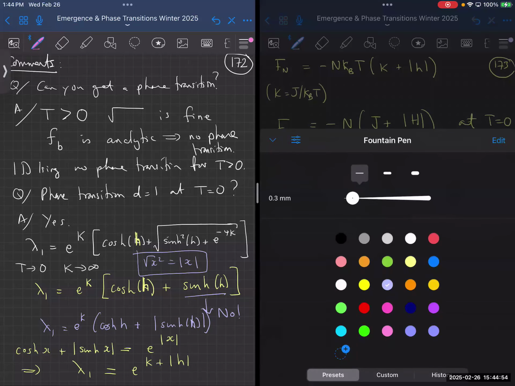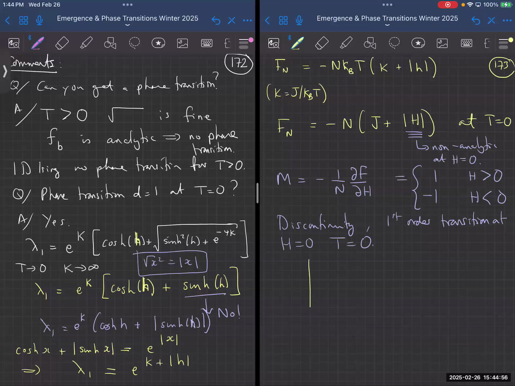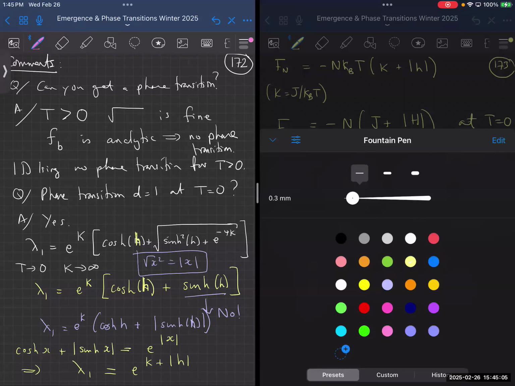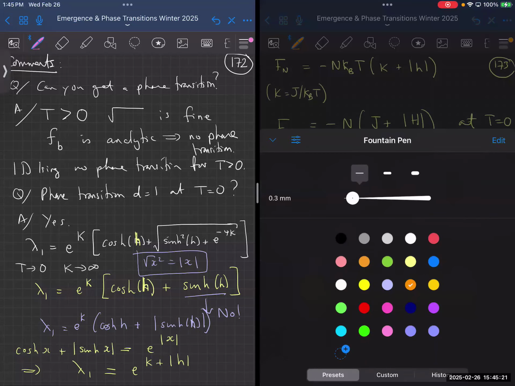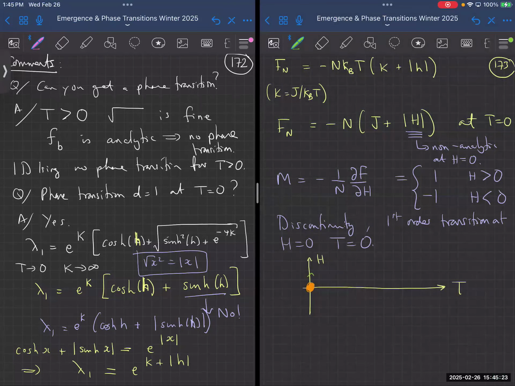So the phase diagram looks like this. Here is T, here is h. What we've just discovered is that there is a phase transition right there. That phase transition is a discontinuity in this direction.